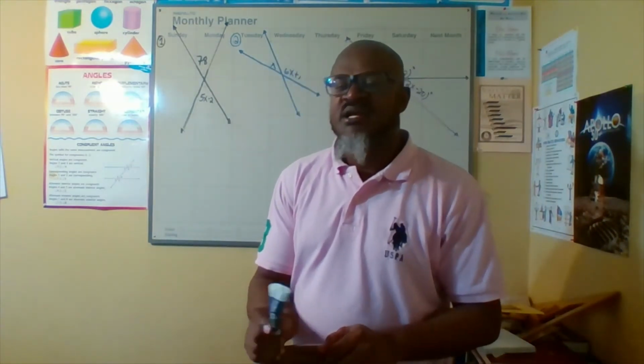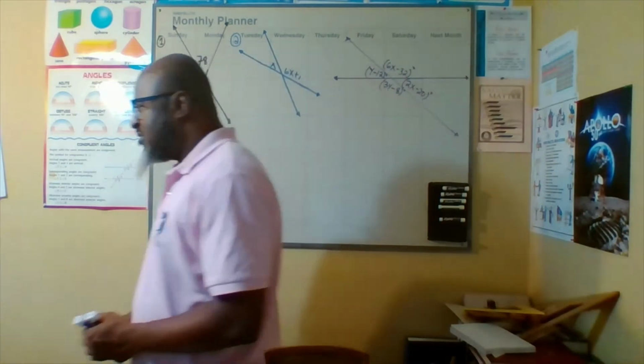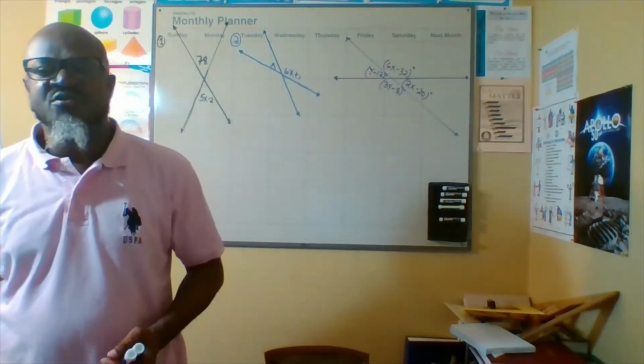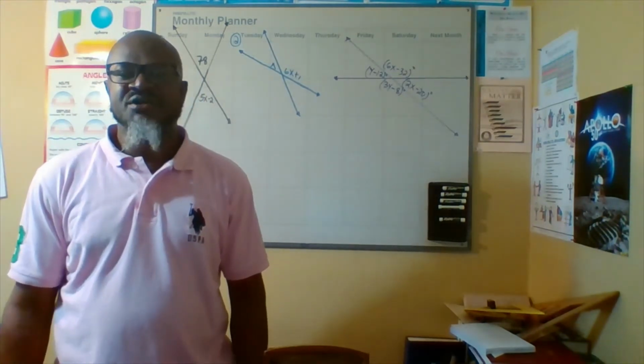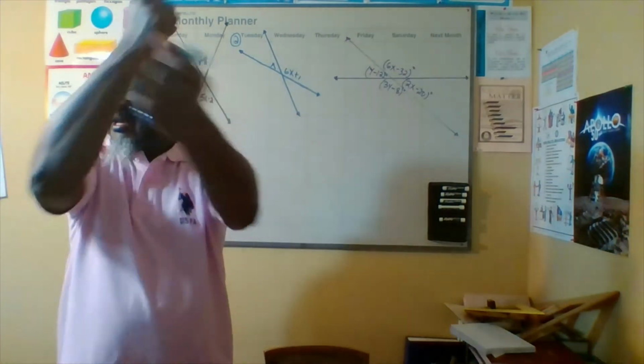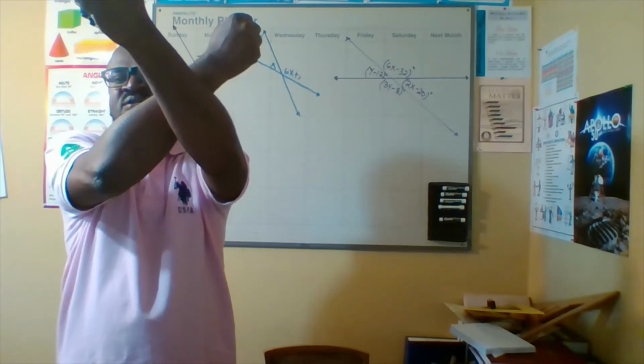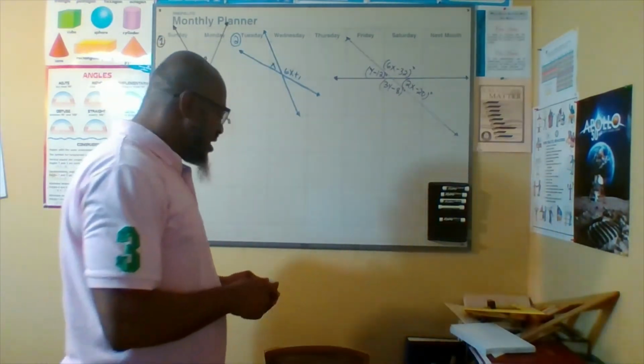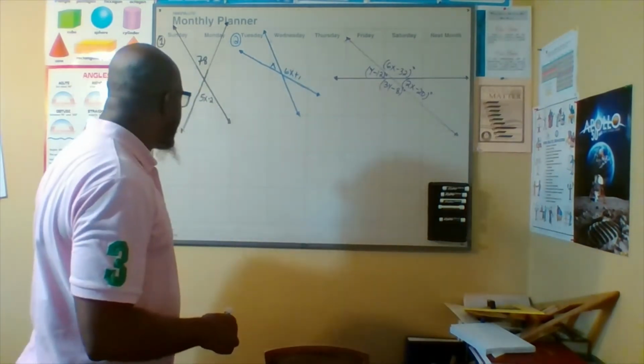As we said earlier, vertical angles are two sets of angles that form when you have two lines or two segments that intersect. Either they make an X or scissors.